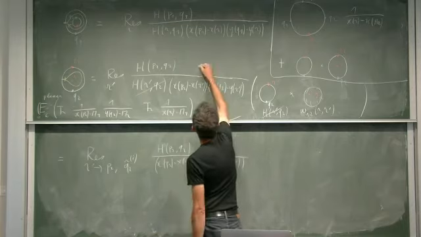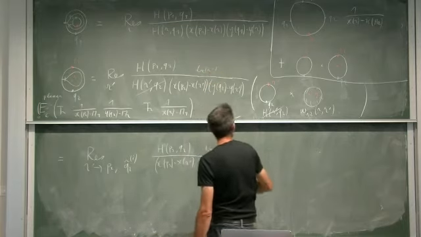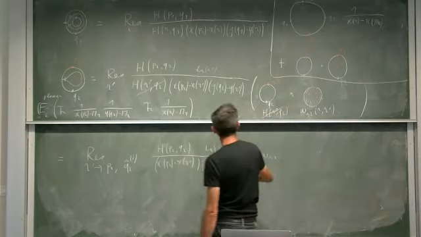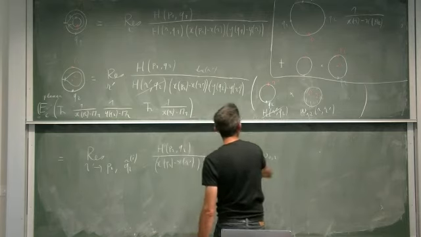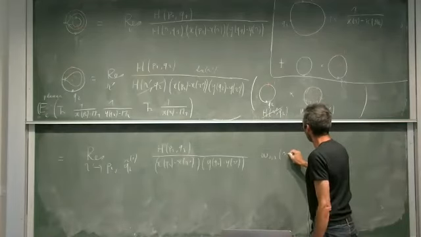And sorry, I forgot dx of R prime times omega 02. No, sorry, the dx is already included in the definition of omega 02 compared to W02.